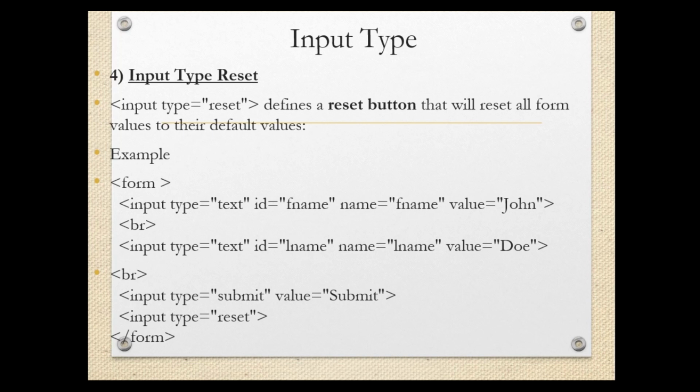It defines a reset button that will reset all form values to their default value. We just have to take one line, that is input type equal to reset. Input type equal to submit will create a button to submit the data, and input type equal to reset will create a button which will reset the entire data.